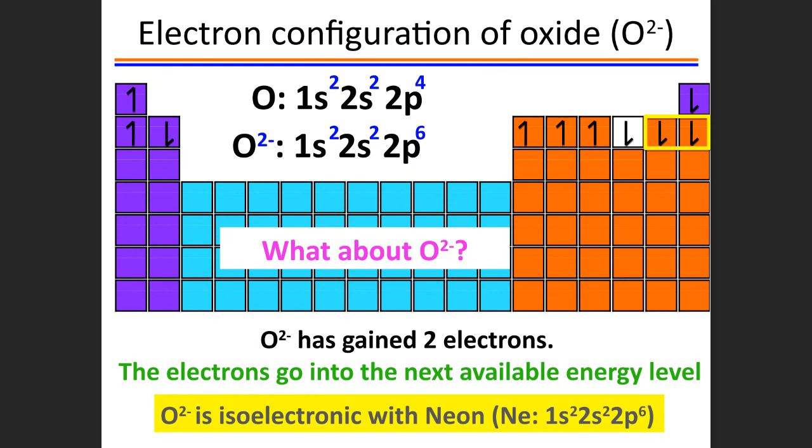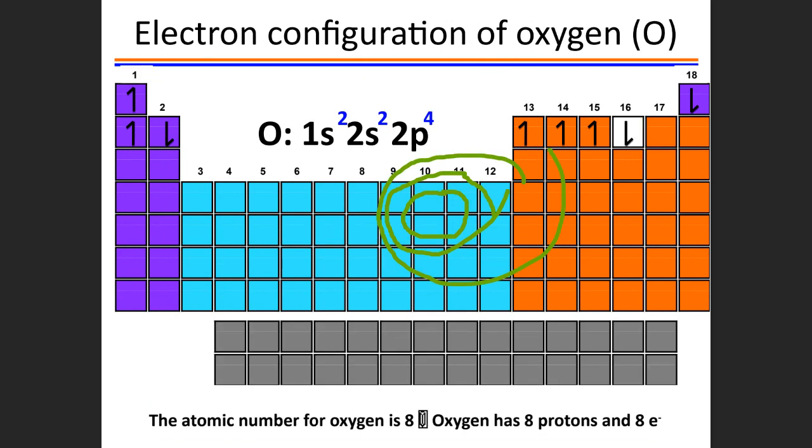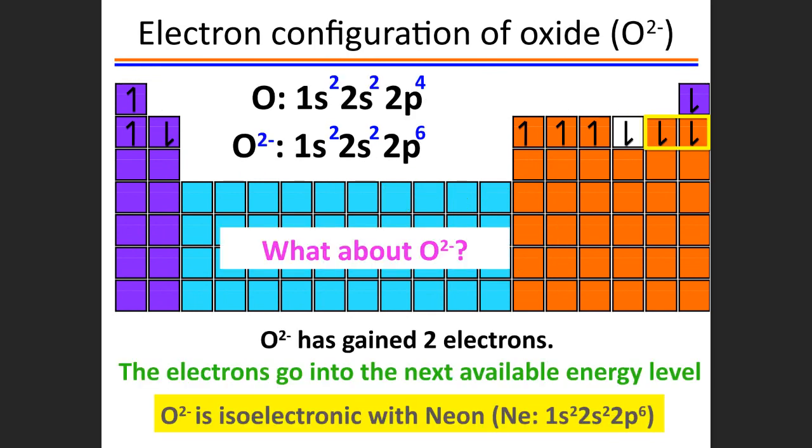So when oxygen gains, you can see the difference here, 1 2 3, but when it gains, these two they gain. Got it? So total 1 2 3 4 5 6 7, not these two. So these two gain, and this 4 6, and here we have the 2. So total 8. The electrons go into the next available energy level. So that's why it goes to the right.